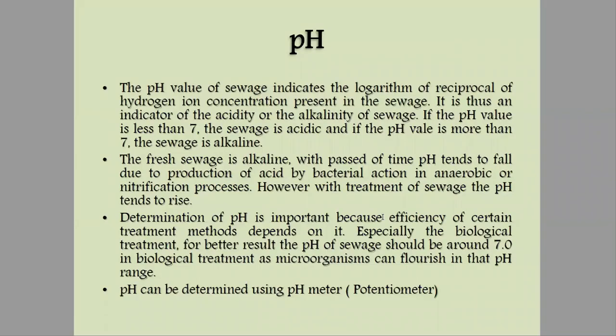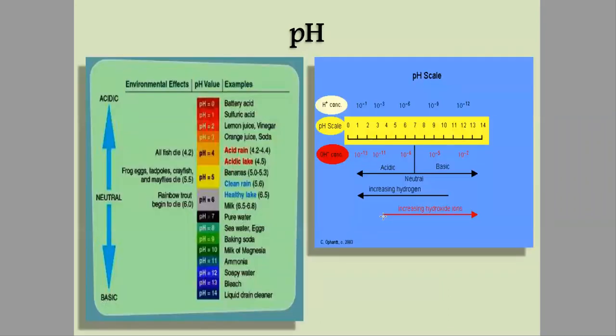We know about pH now, and what is the range for different impurities that may be present in wastewater, and what is pH. Now we also have seen the concentration of H plus, how it changes when the pH scale reading changes, or what the pH scale reading will be when the H plus concentration changes.